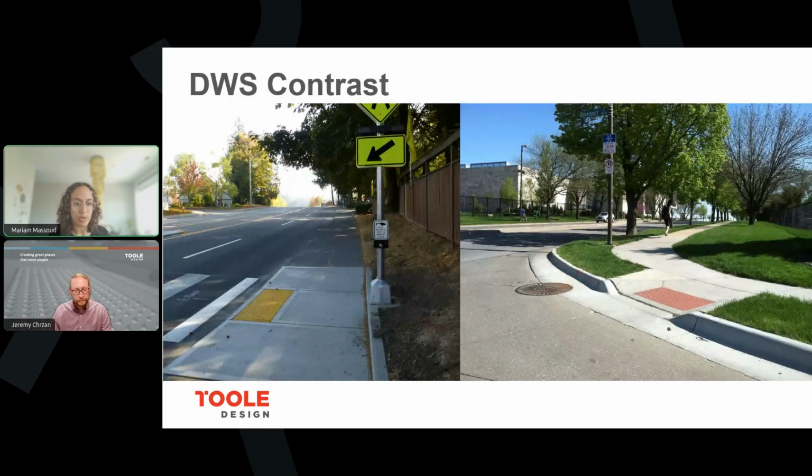A few other requirements are that there has to be a contrast between the detectable warning surface and the sidewalk. So either a light detectable warning on a dark walk, or more commonly a darker detectable warning on a light colored walk. And then for ODOT specifically in the spec book, there are a few requirements on materials to use for detectable warning surfaces.